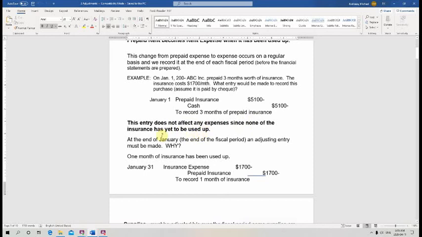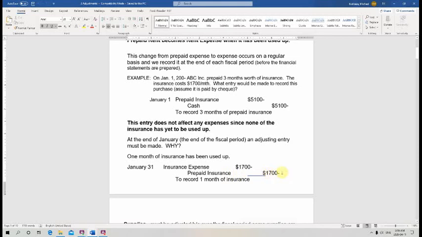Now let's skip forward. Let's assume that our fiscal period's 1 month, right? So at the end of January comes, how much of that 3 months that we prepaid got used up? 1 month's worth, right? So we're going to have to debit insurance expense because it's been used up now, and we're going to credit the asset account prepaid insurance because now we no longer have the money.